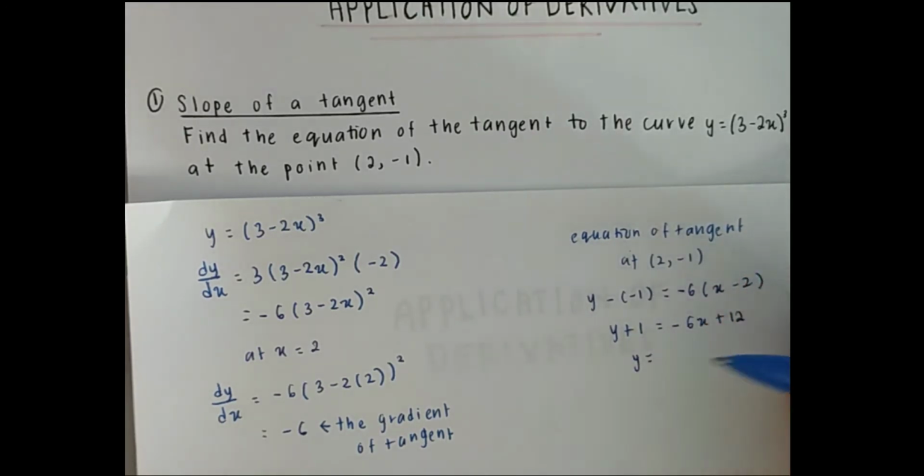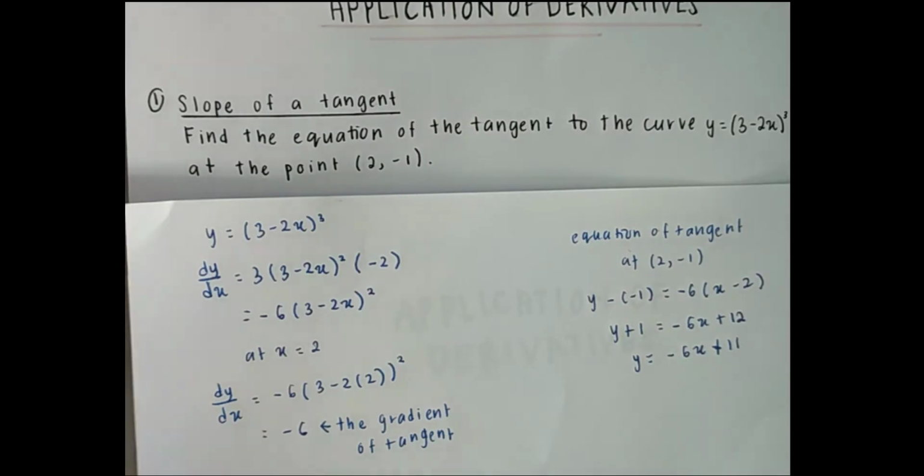Then the equation is y equals -6x plus 11. So there you go, guys.